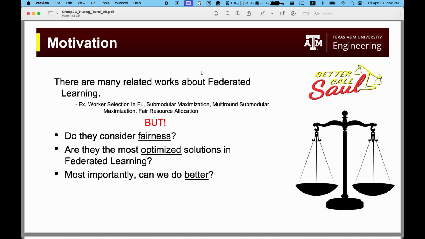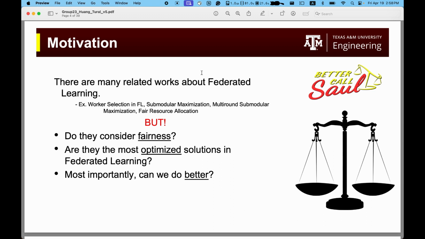There are actually a lot of papers that have been published on federated learning, and you can see examples of it, like worker selection, federated learning, submodular maximization, and so on. But all of these papers lack one perspective, and that perspective is fairness. If we do not have fairness within our systems, even if it's efficiently employed within our servers, we still do not reach the most optimized solution.